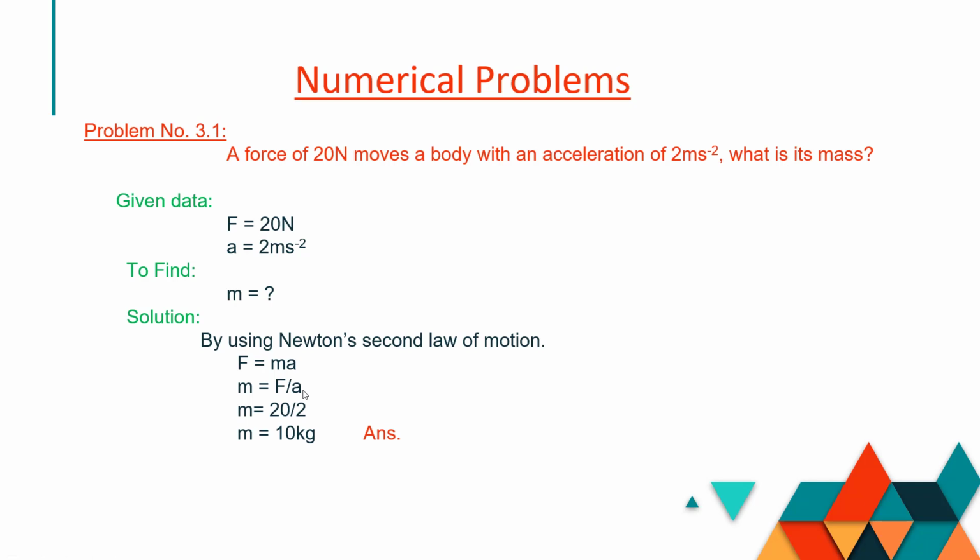Now by putting the values of the given factors, we have m which is equal to 20, which is the value of the force, and 2, which is the value of acceleration. So by dividing 20 by 2 we get 10.